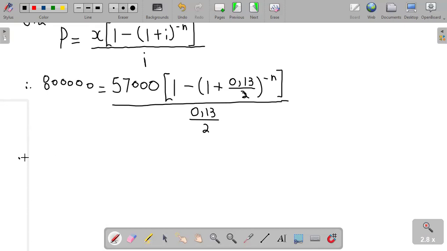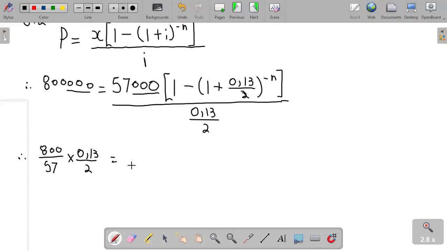So what is the first thing we do? We divide. So we can start by cancelling the zeros. We cancel the 3 zeros, okay? So then we have 800 over 57, okay? And then multiplied by 0.13 over 2, okay?